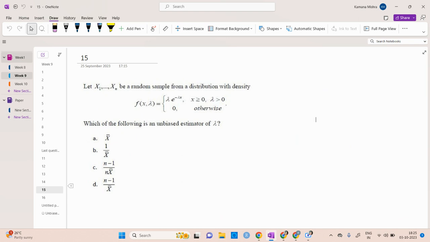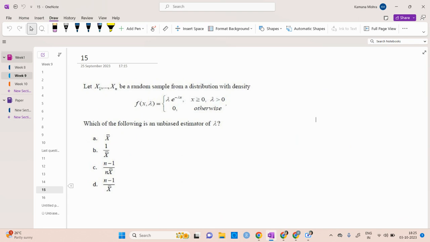What we can do is that we can find its estimator, and then we can check whether it is the unbiased estimator, or if we manipulate it, whether we can get an unbiased estimator.